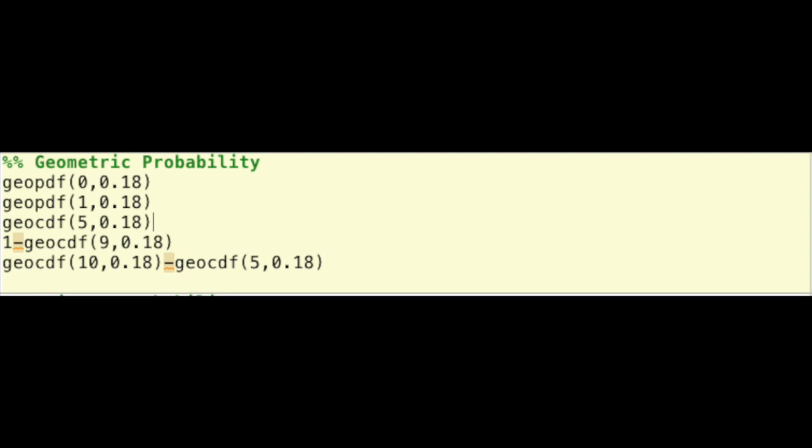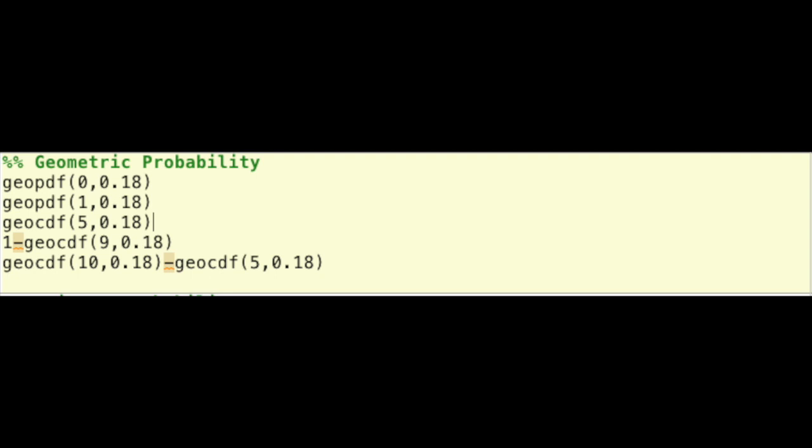Finally, we're doing an example of a range with an upper and lower bound. So we're computing the probability that 10 or fewer failed attempts were required to obtain the first preferred outcome, and subtracting away from that the probability that 5 or fewer attempts are required in order to see the first preferred outcome.